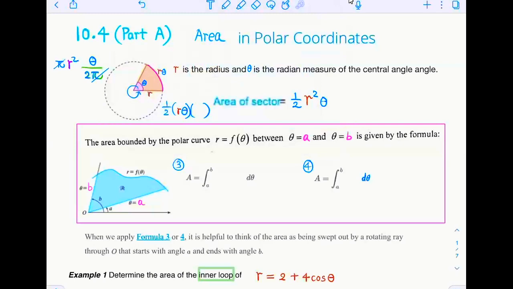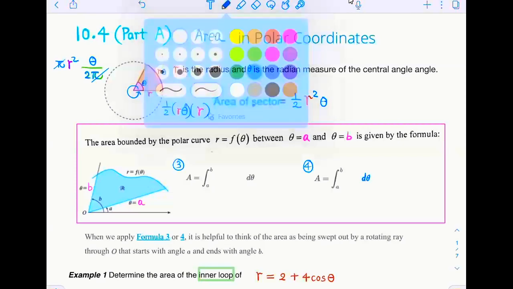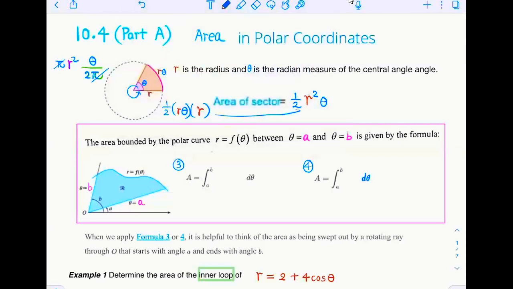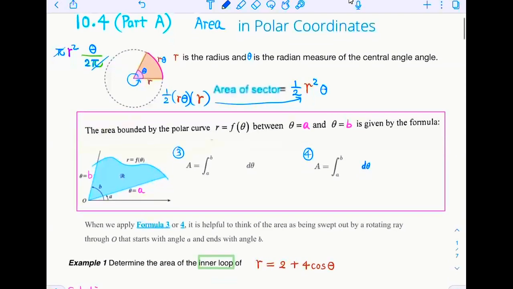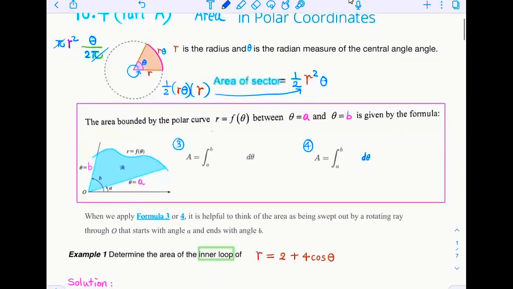And the height, think of it as this radius, so times r. Then you also get this result. It's 1/2 r squared times theta. So that's the area of a sector of a circle.